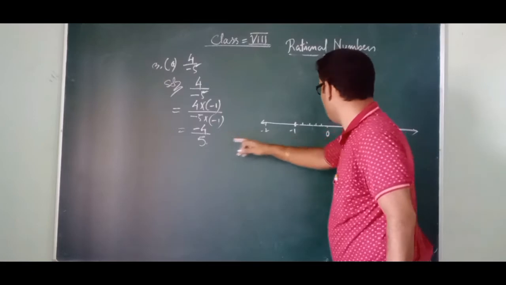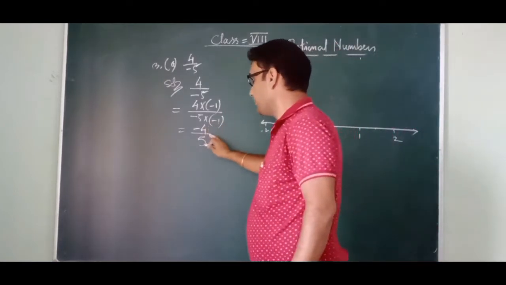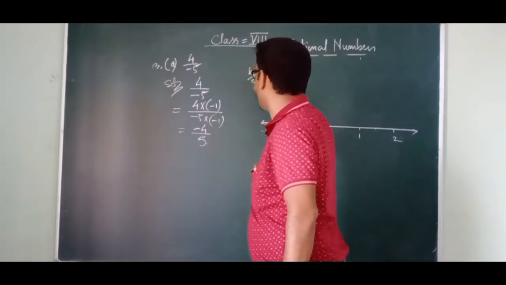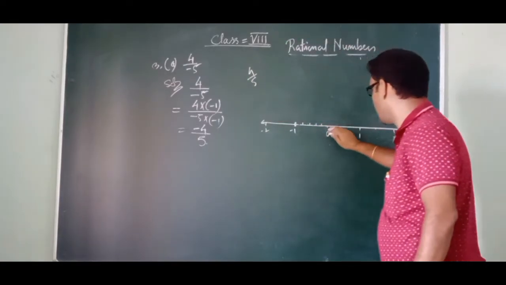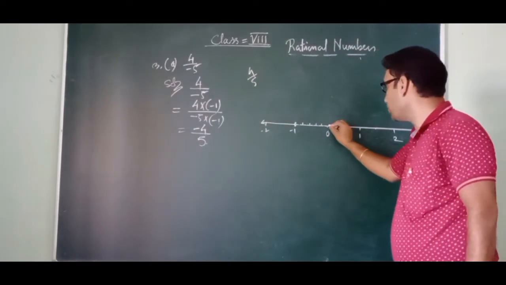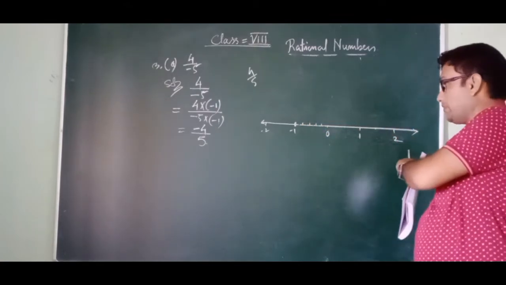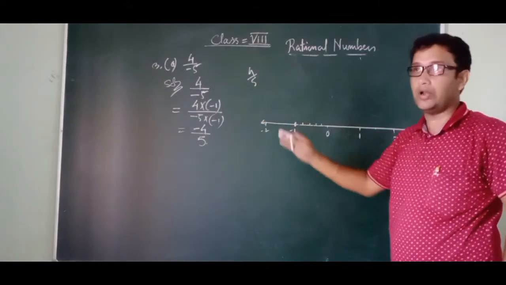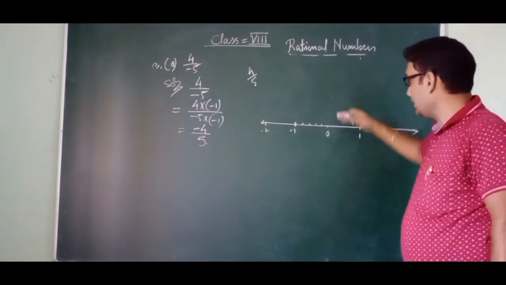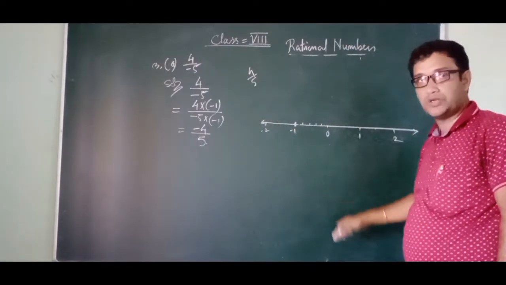Now you see, if this value is 4 by minus 5, then the diagram you will draw on this side. Why? Because we know in the number line, right side values are positive and left side values are negative. Or if we draw it vertically, then upside value is positive and downside value is negative.